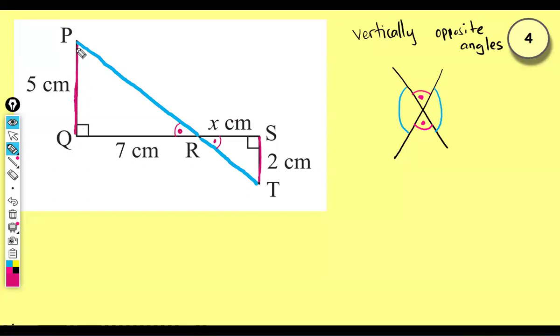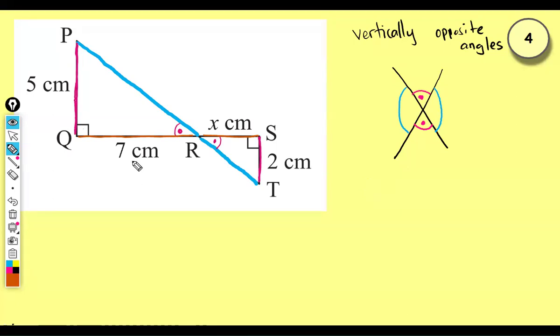If these two are corresponding sides, then the 2 remaining sides are also corresponding. So it's like a process of elimination. You figure out which pair is corresponding, and the last remaining pair will also be corresponding sides.